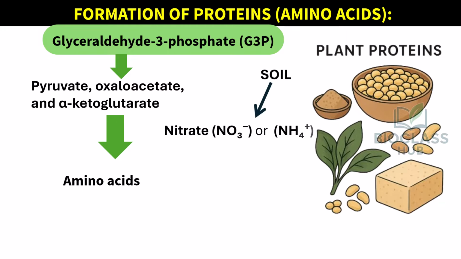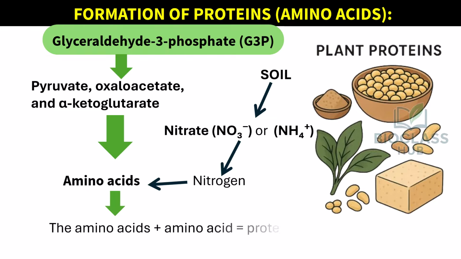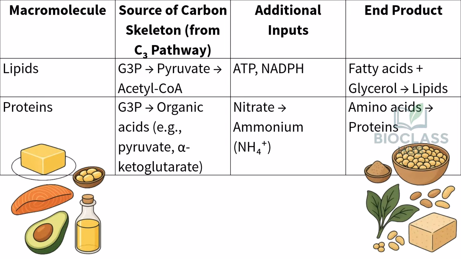Through the nitrogen reduction and assimilation processes, nitrogen is incorporated into amino groups. Protein formation. The amino acids produced are linked together by ribosomes during protein synthesis, translation, to form structural and enzymatic proteins. Pause the video and summarize this information.